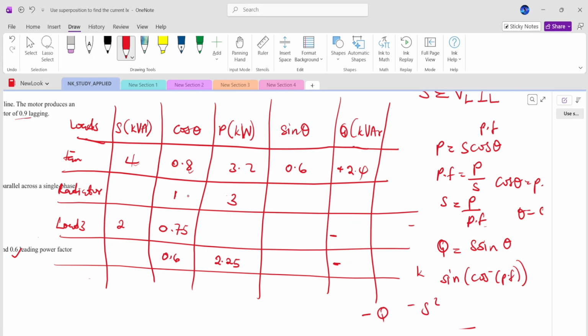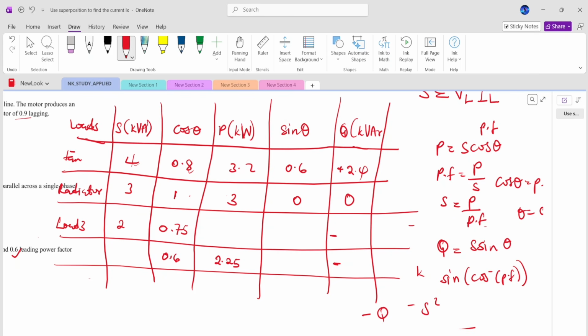Then we just saw that we can find S by making P over power factor. We have P, we have cos theta, which is power factor. So 3 over 1 is 3. If I do sine of cos inverse of 1, I get 0. Sine 0 is 0. And Q is S sine theta, 3 times 0 is 0. Good.